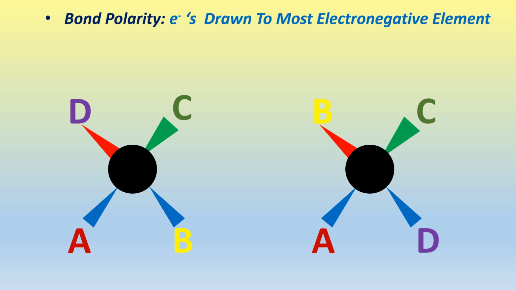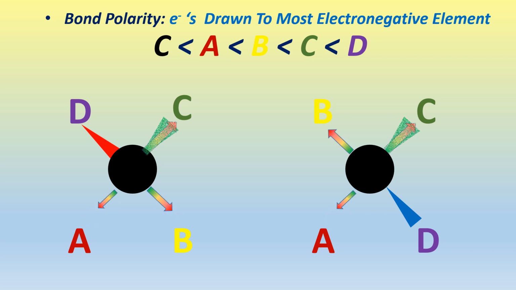So, for our examples, let us suppose that carbon is the least electronegative element, and constituent D is the most electronegative element. At that point, the electrons would be pulled away from the carbon and towards the constituent groups, but they'd be pulled closer to D with a stronger force than they would to A, with the weakest of the forces.